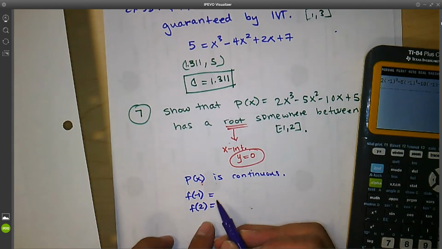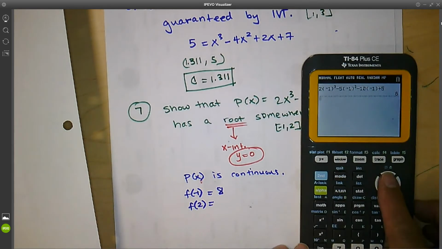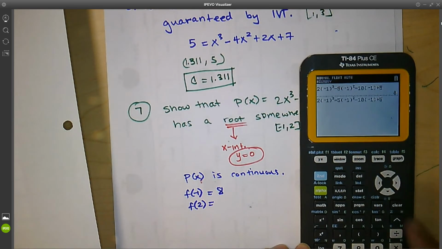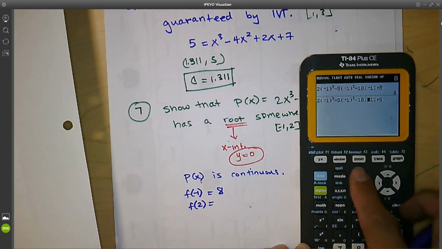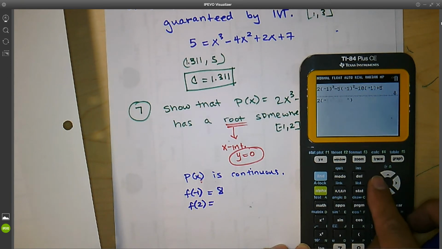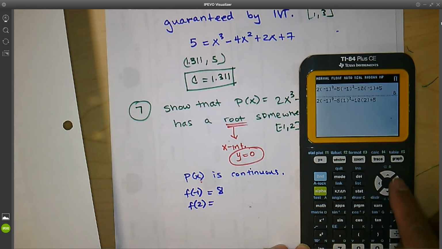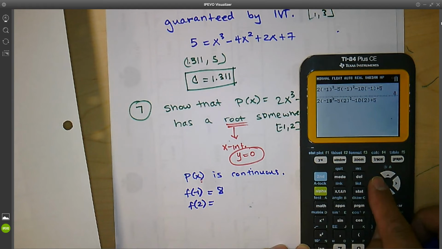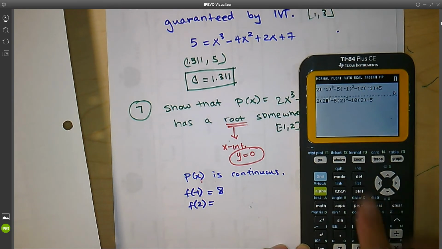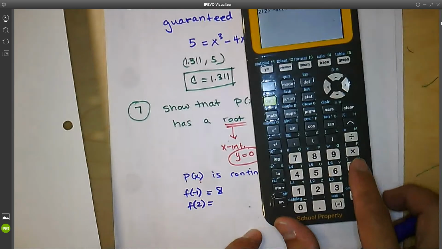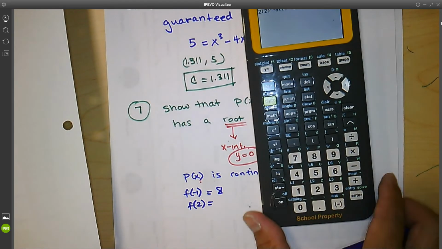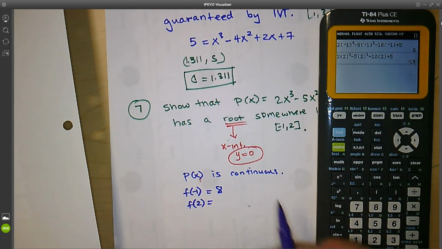I got 8. I'll plug in a 2. I highlighted and pasted, and plugging in a 2. If you plug in a negative, don't use the minus, use the negative. I got a 19.